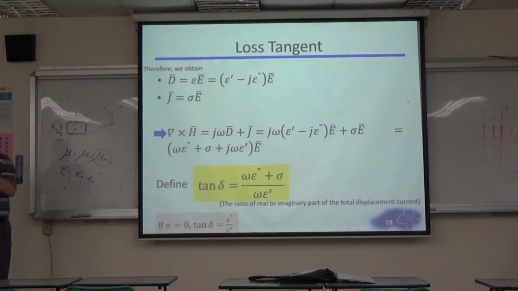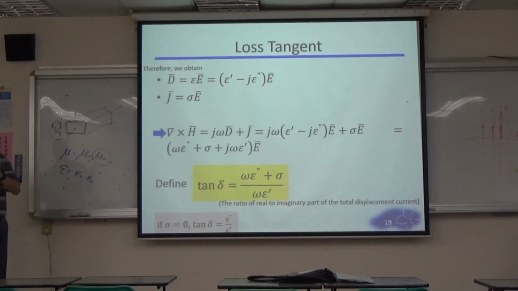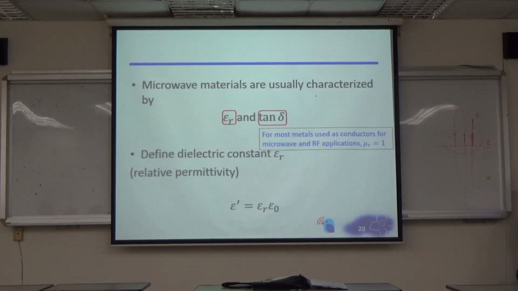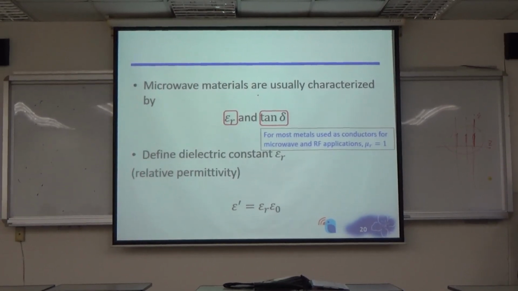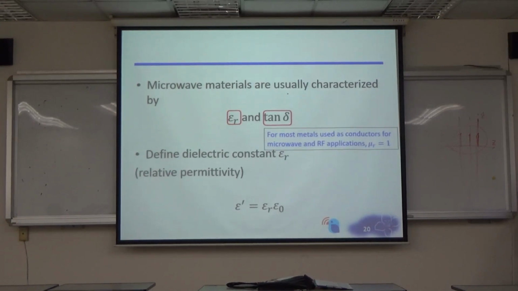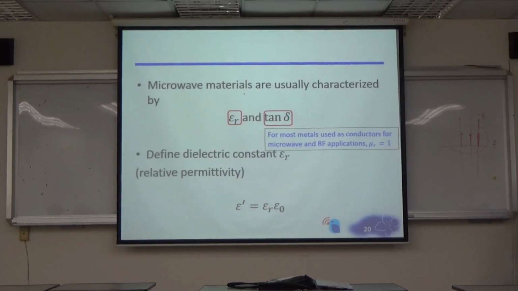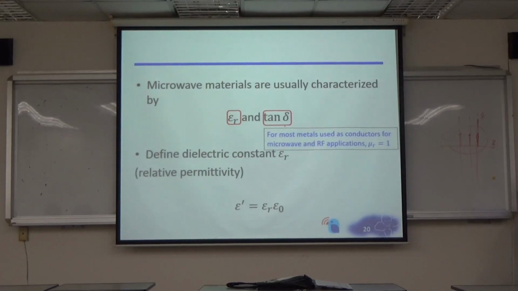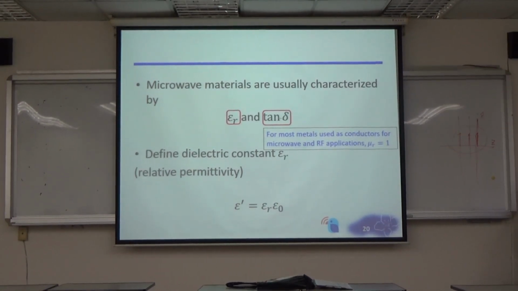For microwave materials, we usually characterize the material, and we need to input those properties: epsilon r and the loss tangent. When you design a circuit, you need to know what the material is, its epsilon r and its loss tangent.